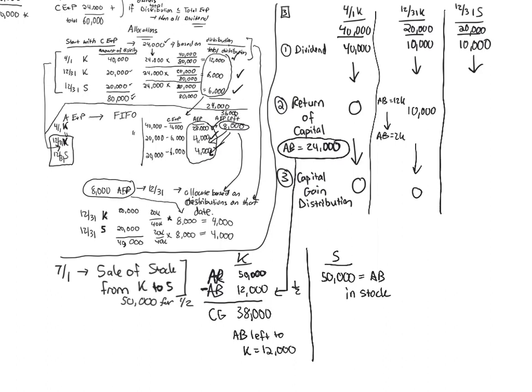And Strawberry has an adjusted basis of 50,000. So we've got 10,000 more, which brings the adjusted basis down to 40,000. Capital gain distribution 0. If you add all these up, 40 plus 0 plus 0, 10 plus 10 plus 0, 10 plus 10 plus 0 equals the amounts above. The only other part of step 3 is the adjusted basis equals the amount of cash received, and we're done with step 3.